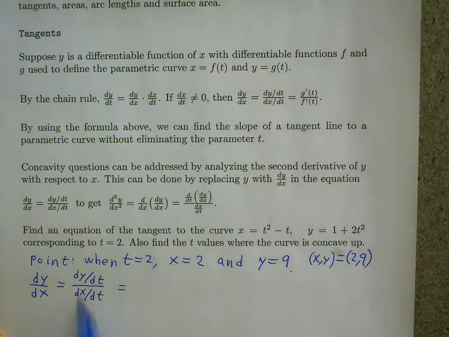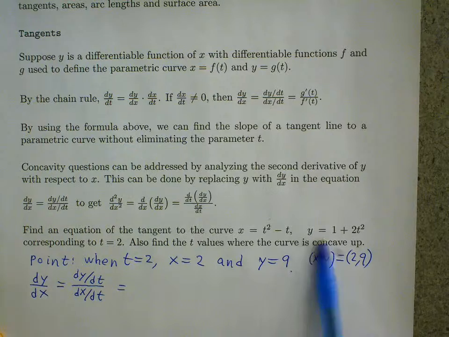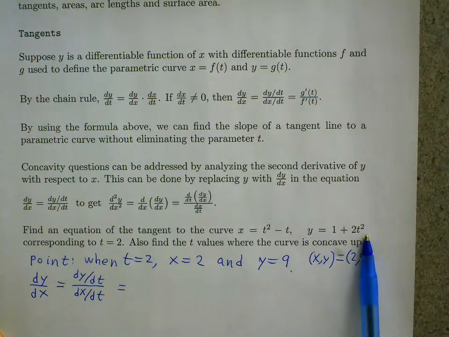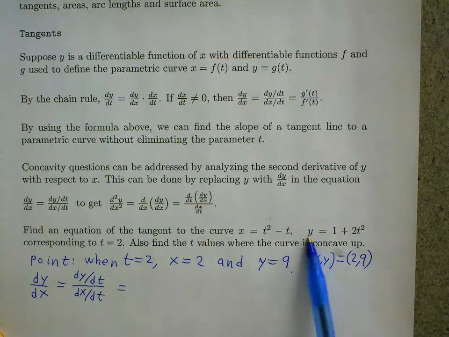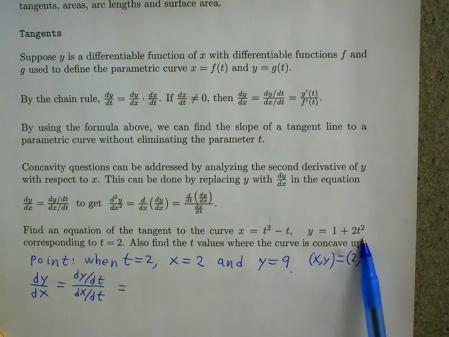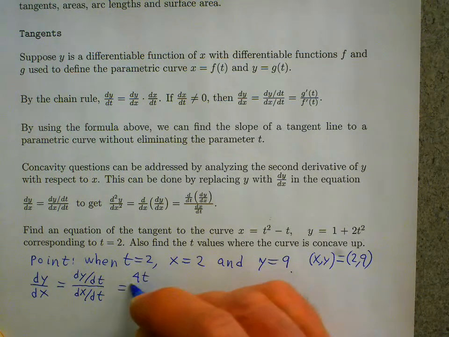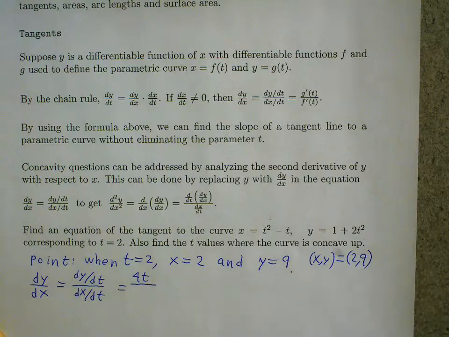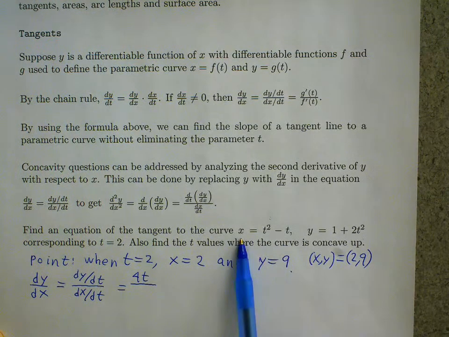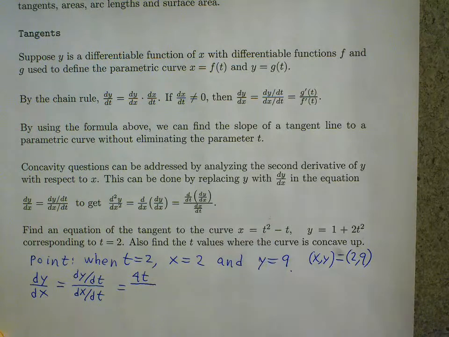Okay, so for the numerator, since y equals 1 plus 2t to the second, the derivative of y with respect to t is 4t. And in the denominator, the derivative of x with respect to t, since x is equal to t to the second minus 2, the derivative of x with respect to t is 2t minus 1.